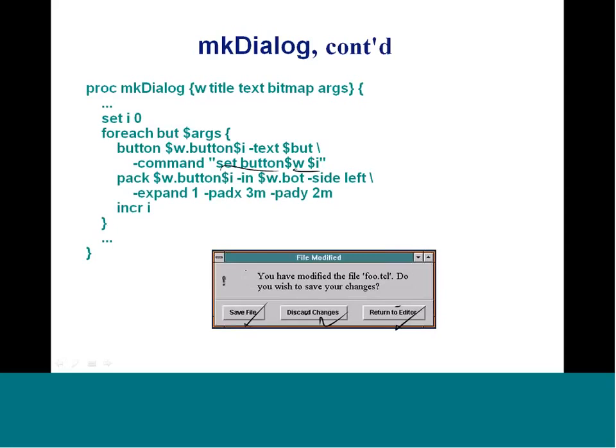Then we also need to generate a button for each of the arguments. So we know that the arguments are save file, discard changes, and return to editor. So for that we need to put some file for that.